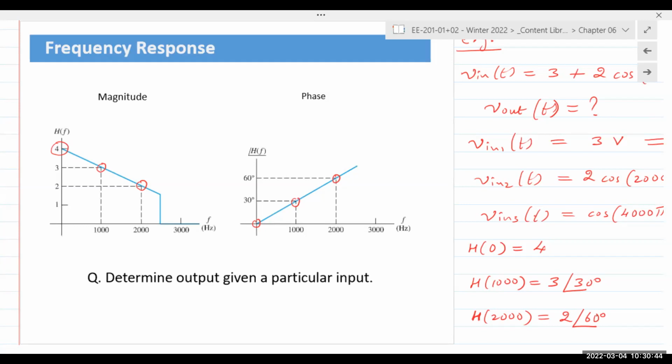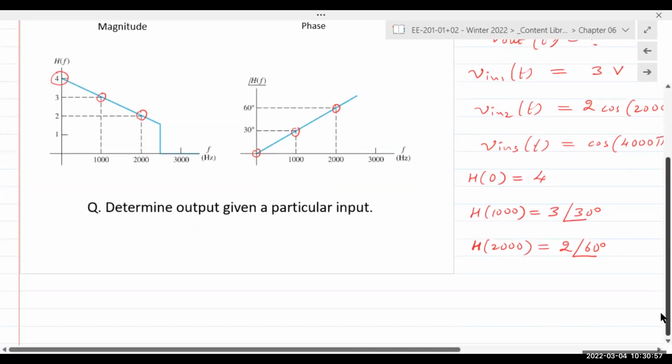We simply apply the equation V out is H of f times V in, and that's it. Now, each one of them is a complex quantity, so it's complex math. So I can write V out 1, in phasor form, would be H of f. Actually, let's just write the generic expression: V out is H of f times V in.